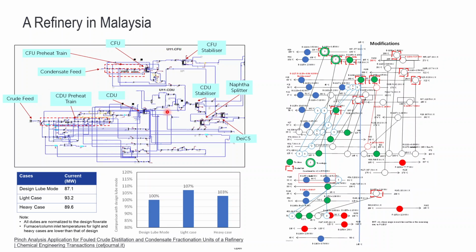And then there are some separations over here. It goes to some units, some stabilizers, splitters, and so on and so forth. And then there is also another fractionation unit. They call it the condensate fractionation unit, CFU. So this C is condensate, while the other C is crude. The difference is that we typically say condensate if the feed comes from gas wells.